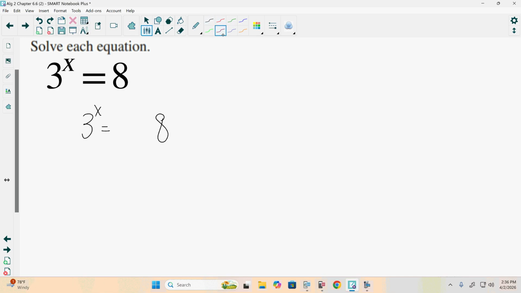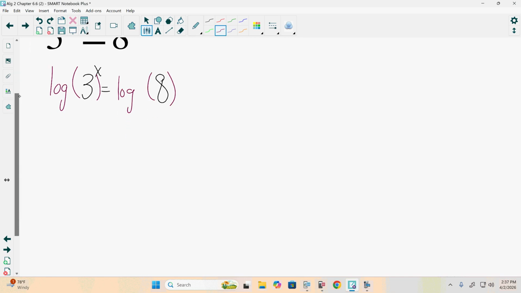Because our second step is to get the variable out. In this case, out of the exponent. And to get a variable out of the exponent, we're going to use logarithms. Specifically, what log? Log base, what do y'all think? 3.